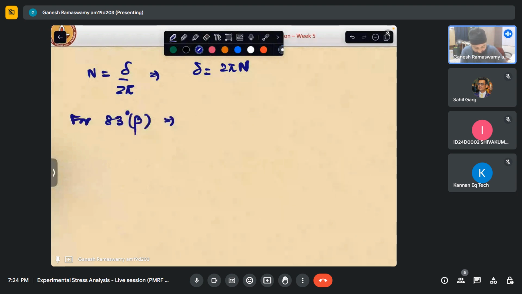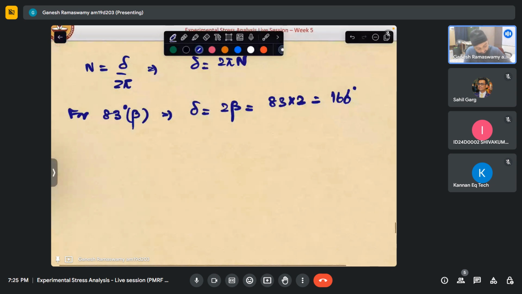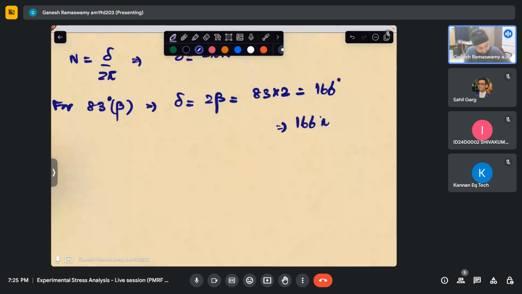What is the retardation that has been brought about? Is 2 beta, which is 83 into 2, it is 166 degrees. The retardation is equivalent to 166 degrees, which implies it is 166 pi by 180 radians.